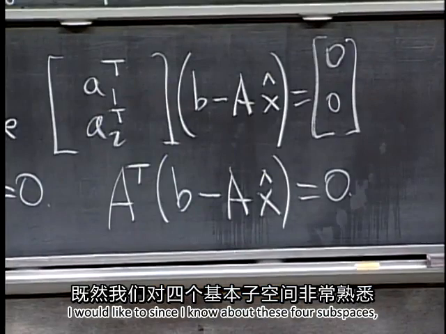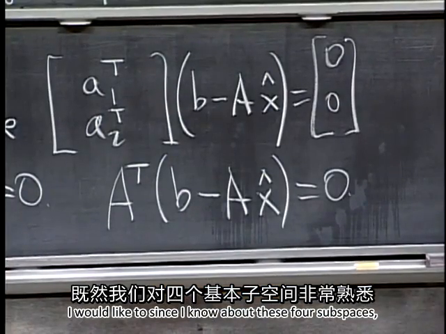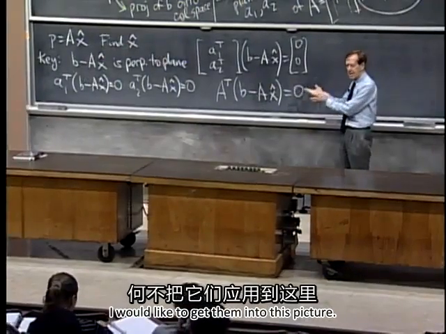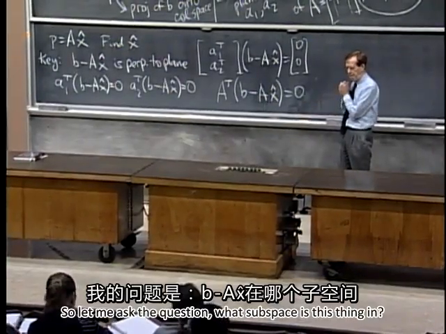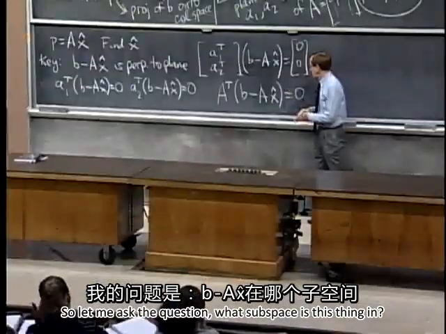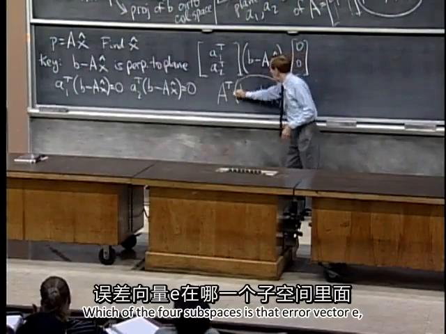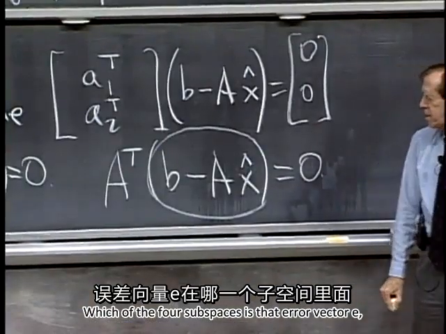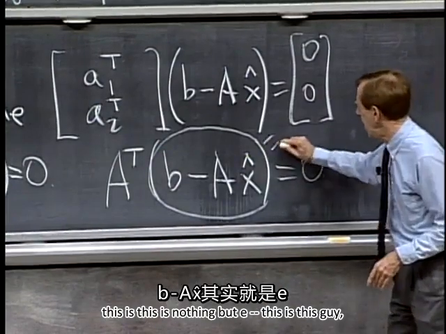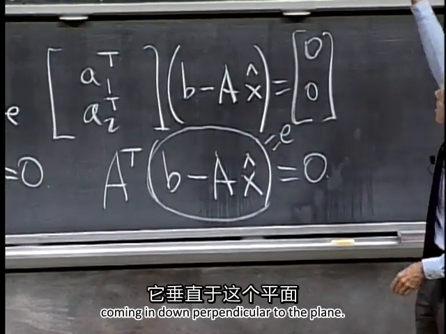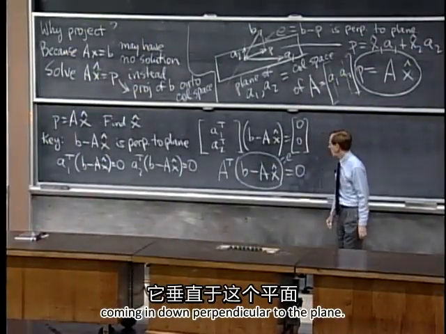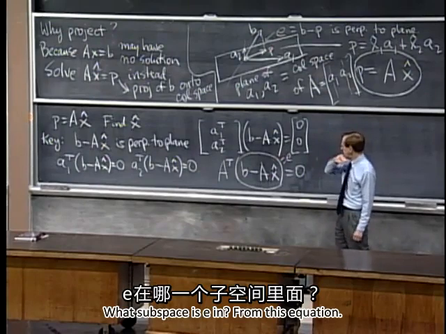Now, a second comment. Since I know about these four subspaces, I would like to get them into this picture. So let me ask the question: which of the four subspaces is that error vector E in? This is nothing but E, coming down perpendicular to the plane.